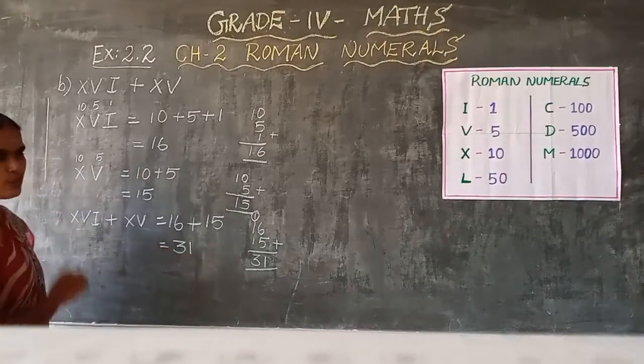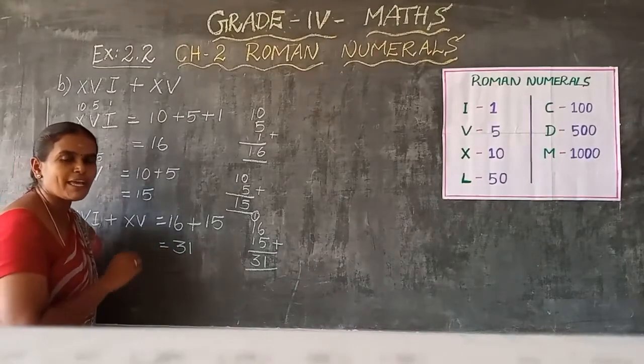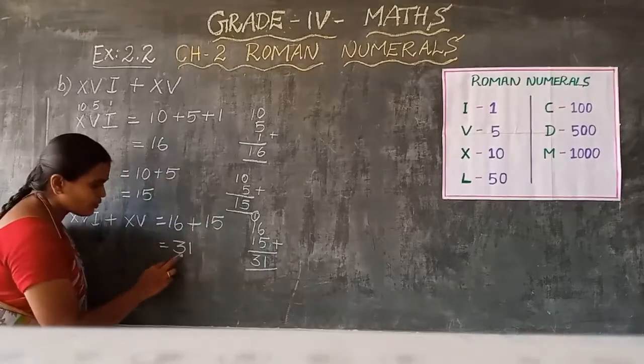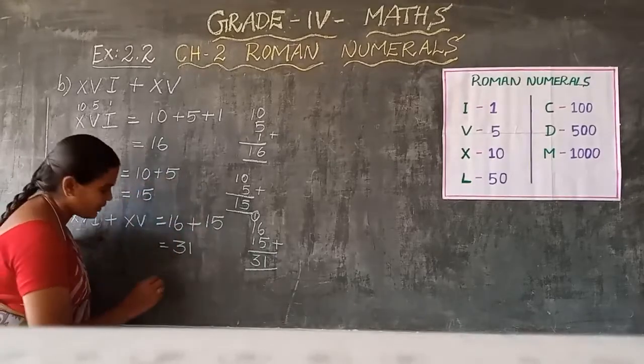But your question says to solve and write the answers in Roman numerals. So we convert this 31 into a Roman number.